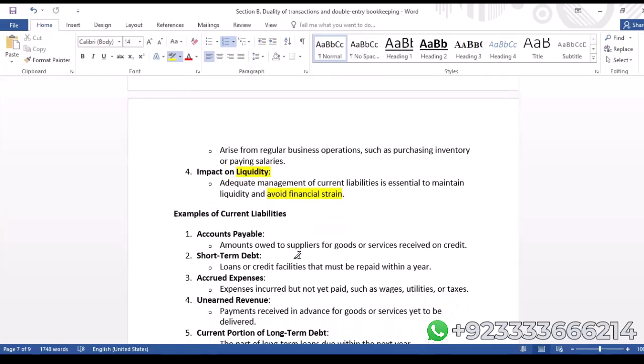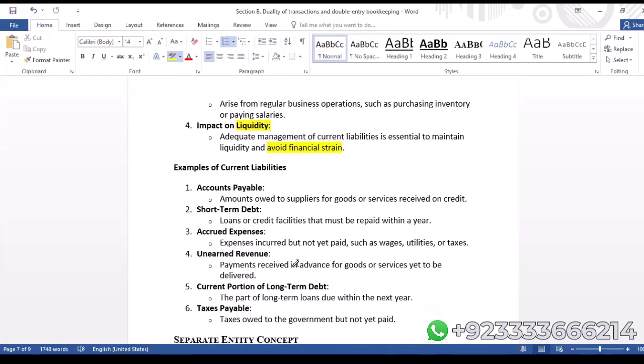Some examples: accounts payable. When we have a credit purchase, we say it is a liability, which means we have to pay money. Same as accounts receivable, where we have to receive money for credit sales.